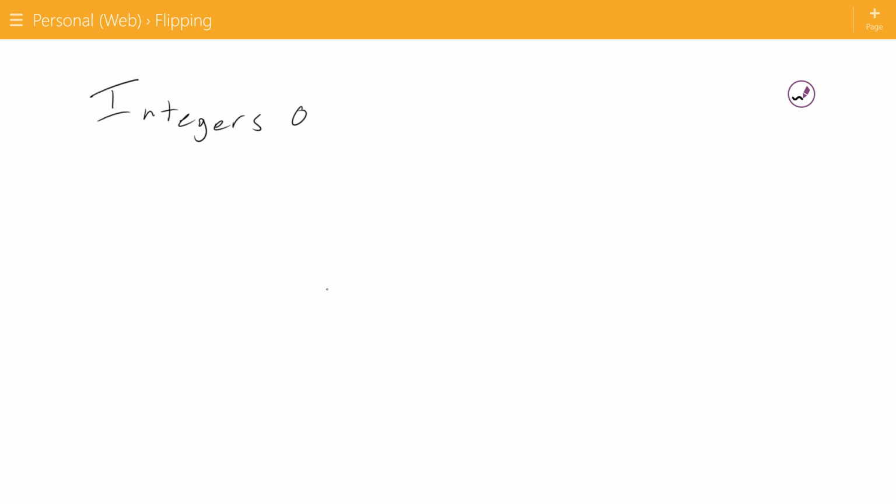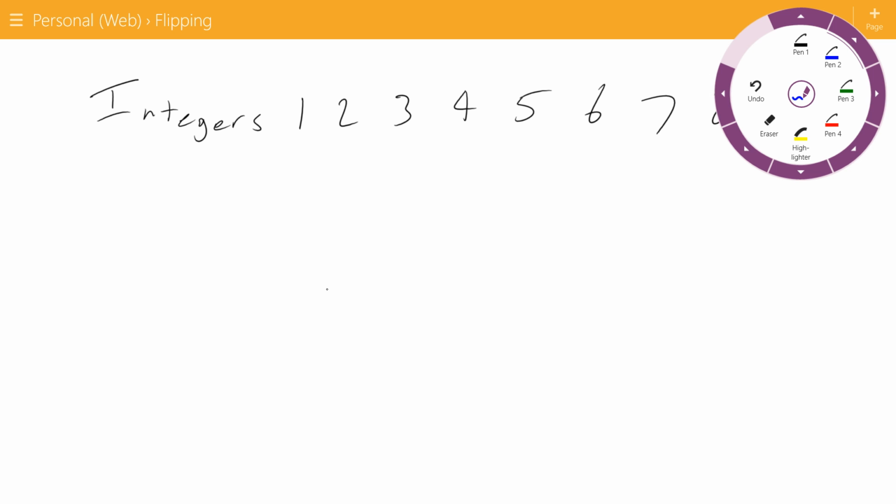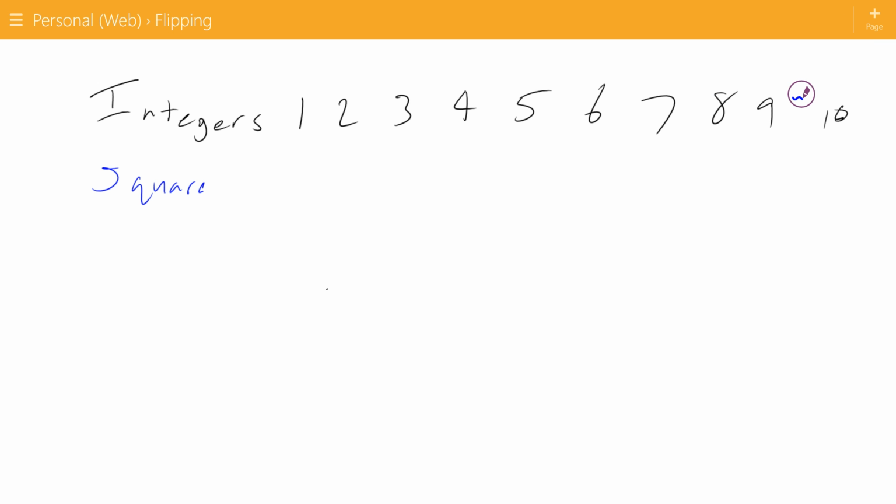0, although we're really not going to use 0 a whole lot because 0 squared is just 0. So let's start with 1, 2, 3, 4, 5, 6, 7, 8, 9, 10. And then we'll add in the squares of each.